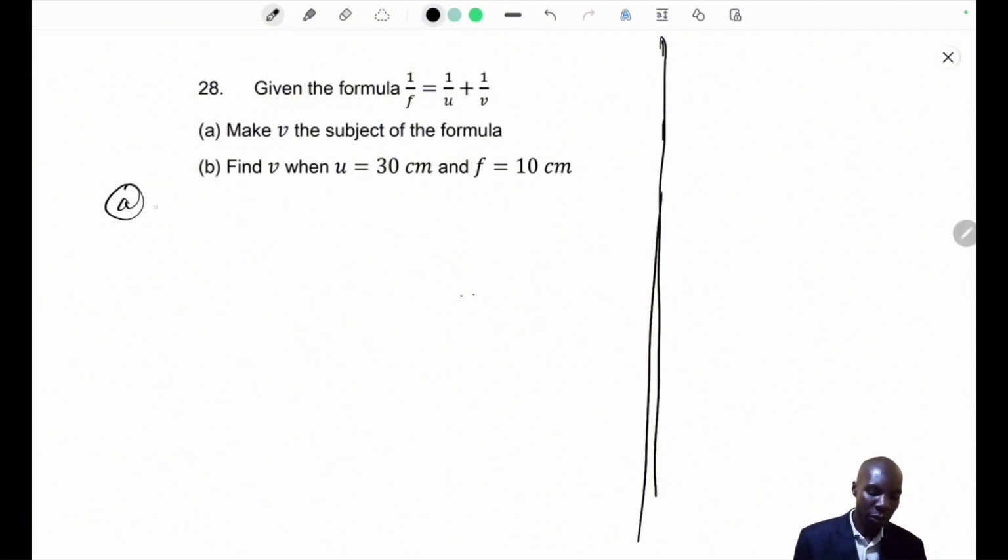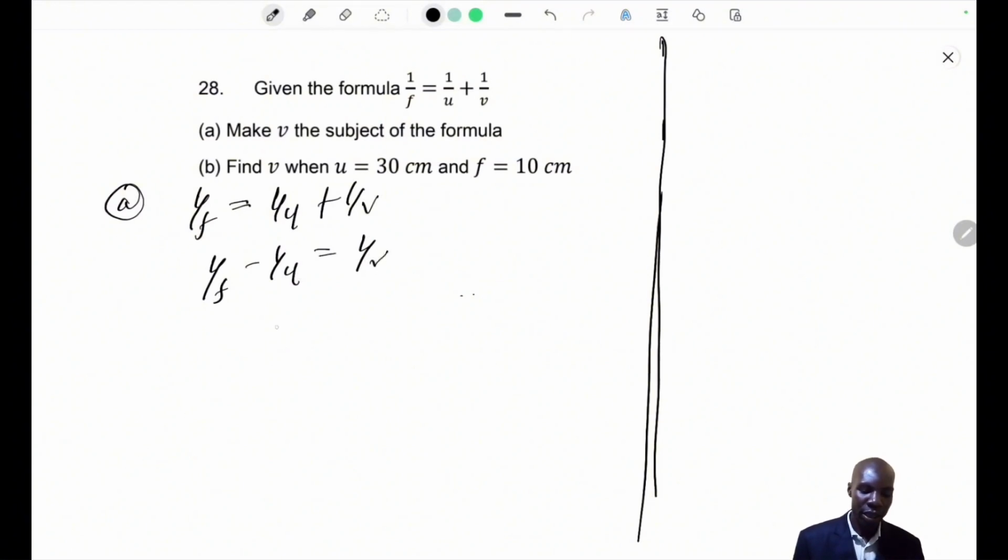So part A, we are given the formula 1 over f is equal to 1 over u plus 1 over v. So if we want to make v the subject of the formula, we can say 1 over f minus 1 over u is equal to 1 over v. So LCM here is fu.